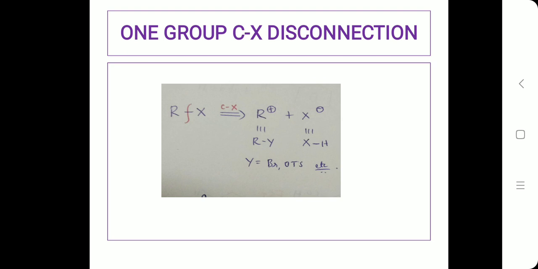Because X is more electronegative, it will take the electron cloud of R towards itself, as a result of which X possesses the negative charge and R has a positive charge. So now these are the synthons. The synthetic equivalents for these will be RY for the R plus synthon and XH for the X minus synthon. Y can be bromide, OTs and so on.